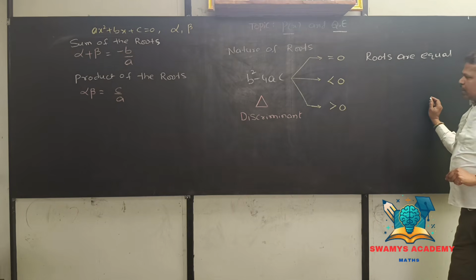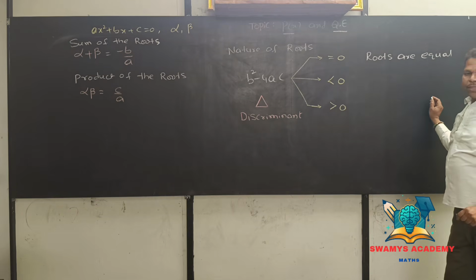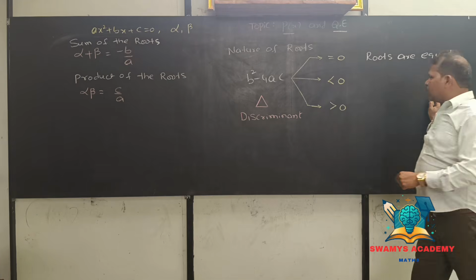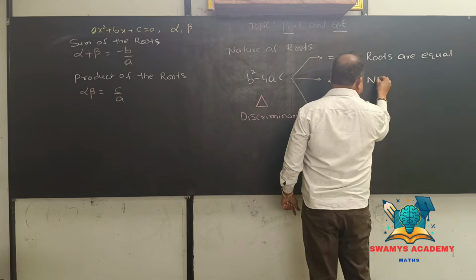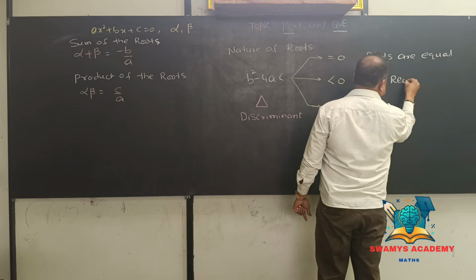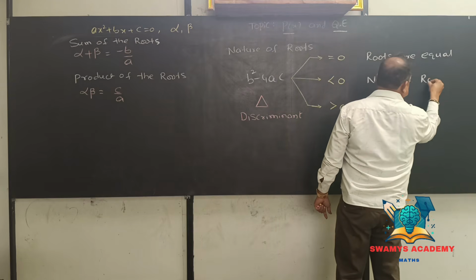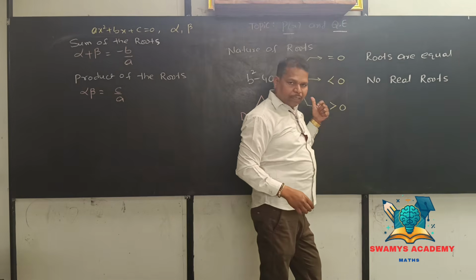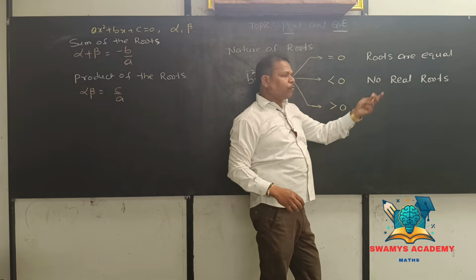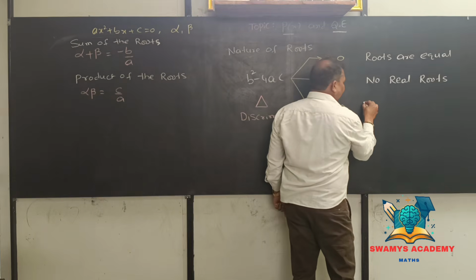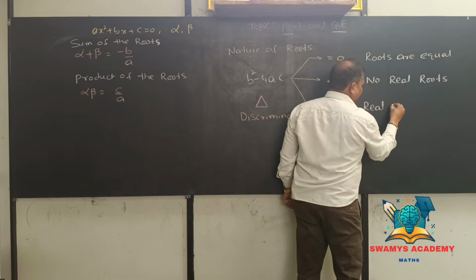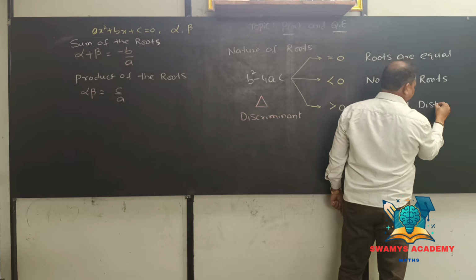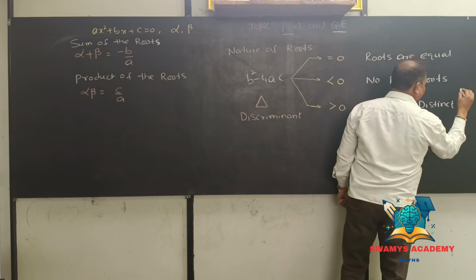Less than 0 means a negative number like minus 1, minus 2, minus 3, minus 7. These give no real roots. Greater than 0 means a positive number like 1, 2, 3, 4, for example, and the roots are real and distinct.